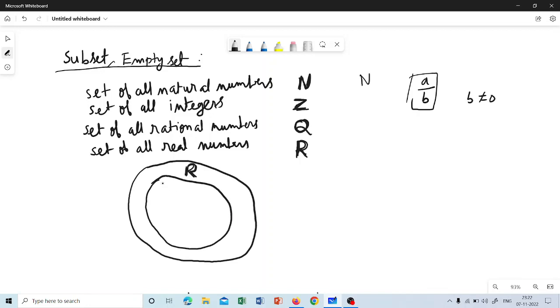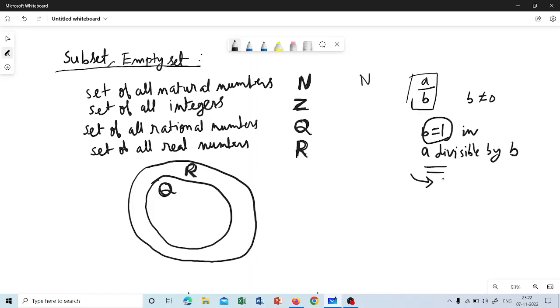This is Q. Similarly, in rational numbers, if b is equal to 1, or if a is divisible by b, then a by b will be an integer.